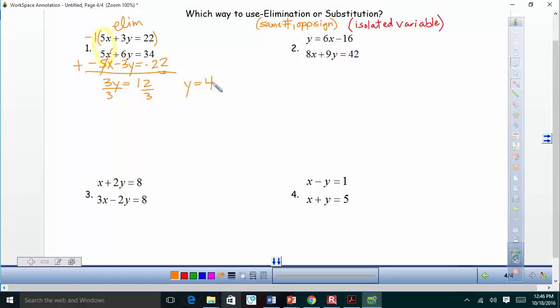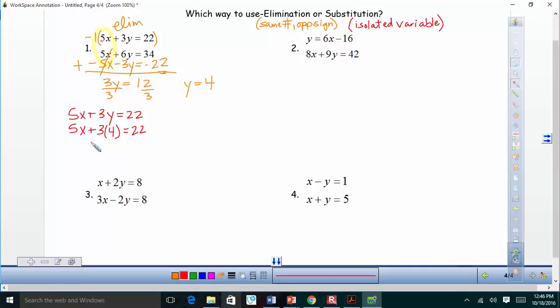Okay, now we need our other variable. So we'd take 4, we'd plug it back into one of the originals. We're going to use the top one. So 5x plus 3y equals 22. Remember, it has to be original, not the one we changed. So this is going to be 5x plus 3 times 4 equals 22. 3 times 4 is 12.